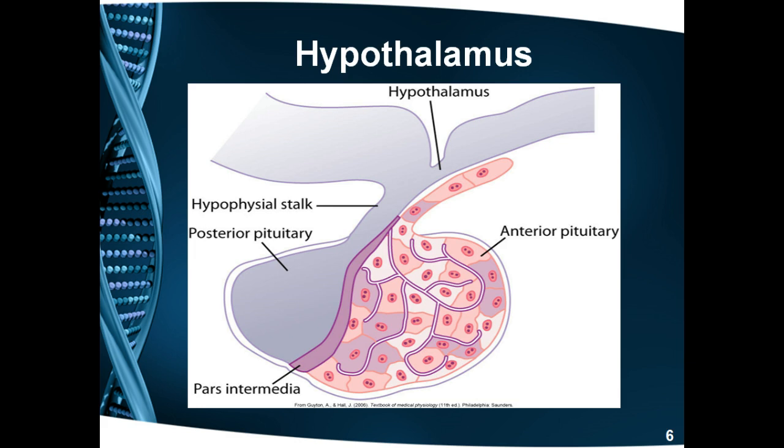The anterior pituitary hormones include the thyroid stimulating hormone, the adrenocorticotropic hormone, the luteinizing hormone, the follicle stimulating hormone, prolactin, the growth hormone, and the melanocyte stimulating hormone.